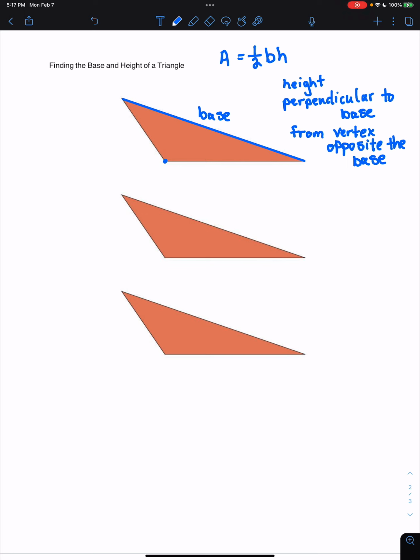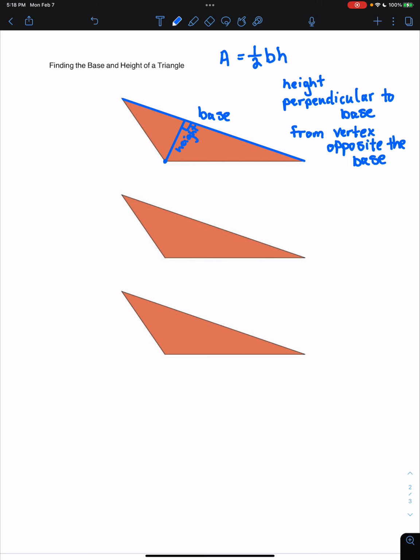And then I'm going to draw a line that is approximately, granted, if I did it for real, I would need a protractor and I would need to measure a 90-degree angle. I'm not doing this. I'm doing this kind of freehand, but you'll get the idea anyway. So I'm going to drop my height and try to make it appear to be a 90-degree angle to that base. So this would be my height for that base.